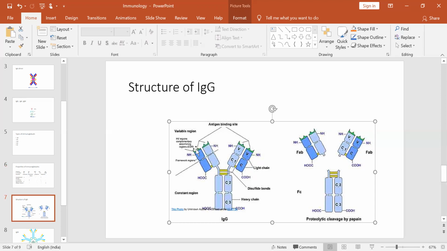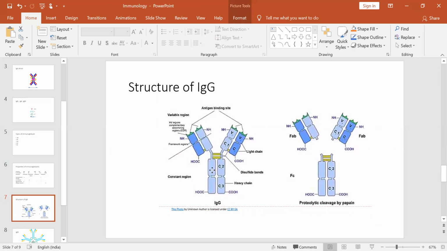The C-terminal region is the constant, complement binding region. The antigen can bind to the variable region.